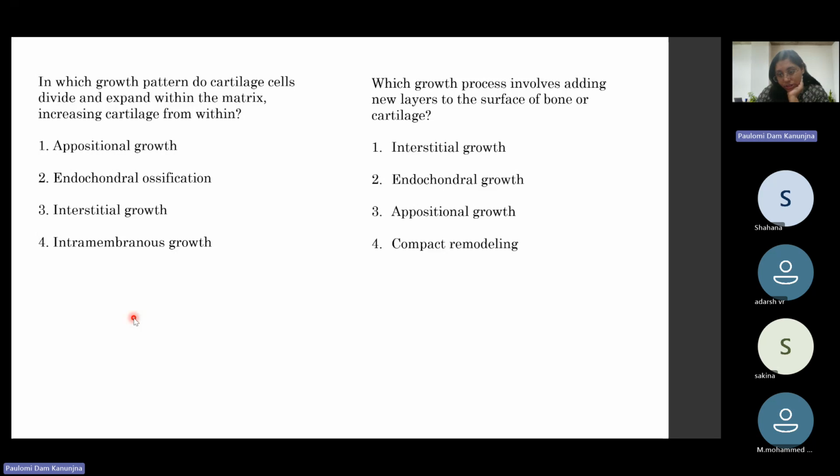Okay, so 2 and 3, 3. Two and 4. Okay. Anyone else wants to have any other options?